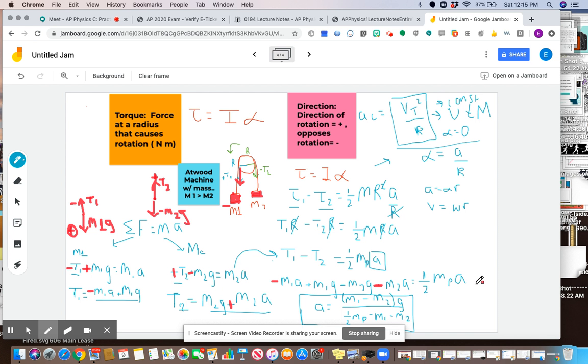We factor out an A and we divide. So you get 1/2 the mass of the pulley plus M1 plus M2 in our denominator. And our numerator becomes M1 minus M2 times the quantity G.